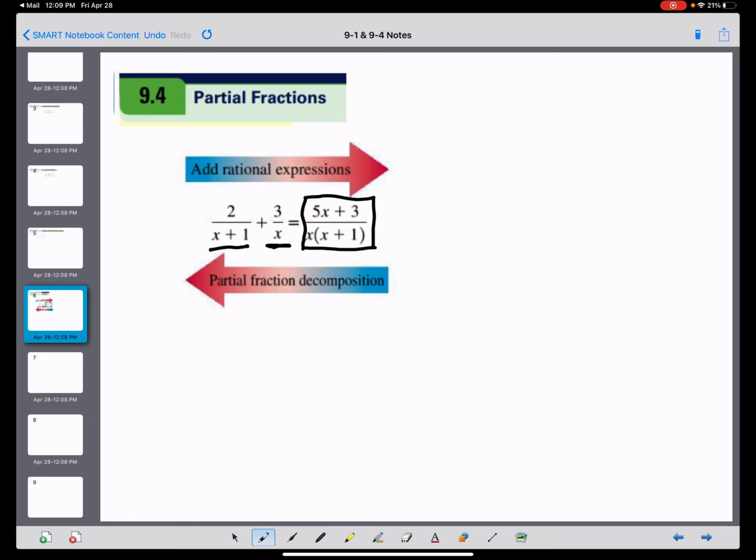But the partial fraction decomposition is when we take the larger fraction and break it into the smaller counterparts. It sounds easy, but it's not as straightforward as you would think, unless you follow a certain strategy. So I'm going to show you that strategy. Let's begin.